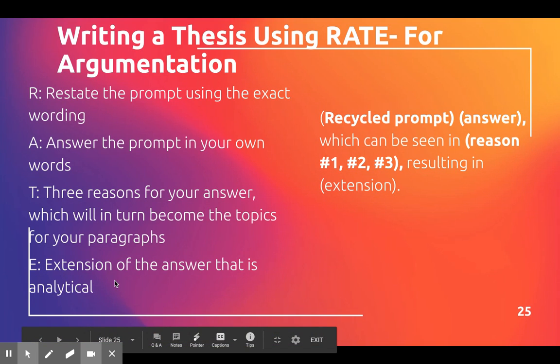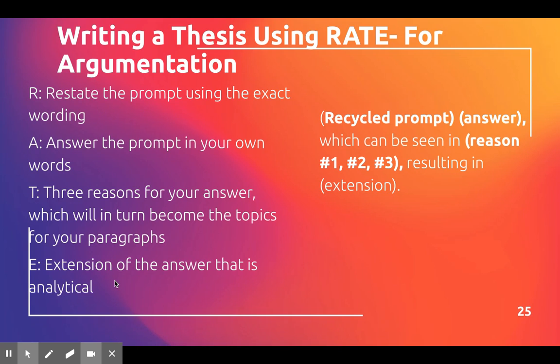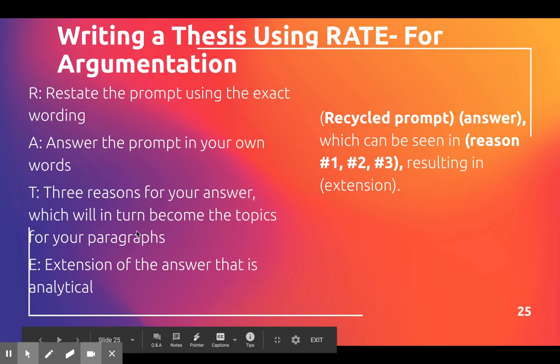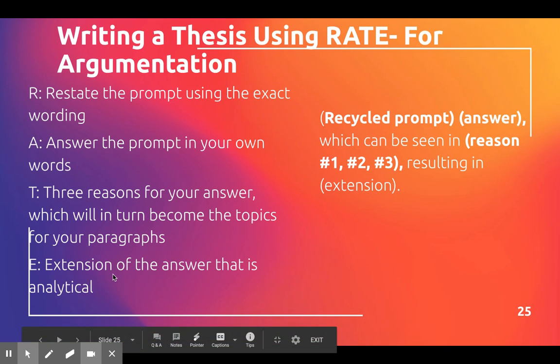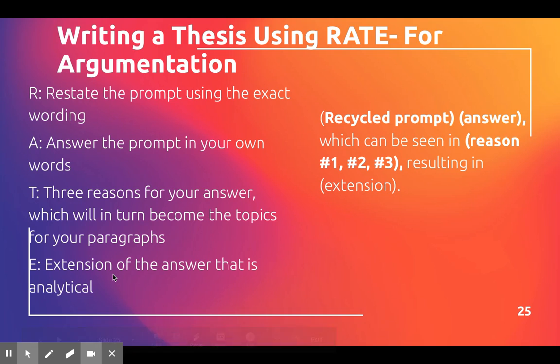Your extension is probably the most difficult part because it is the analysis part of your answer. The extension requires you to be analytical, which basically means that you have to tell me why what you just said is important. So for example, in the example that I'm using right now, it would be my favorite color is green because it is the prettiest color of all time, which can be seen in the fact that money is green and all of nature is green.